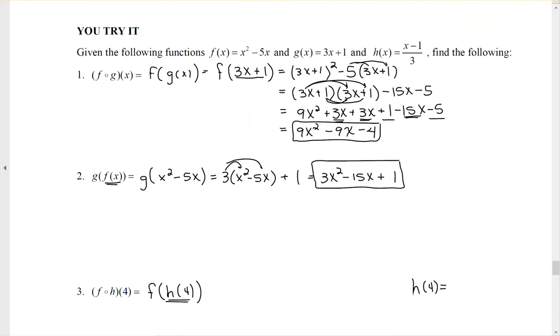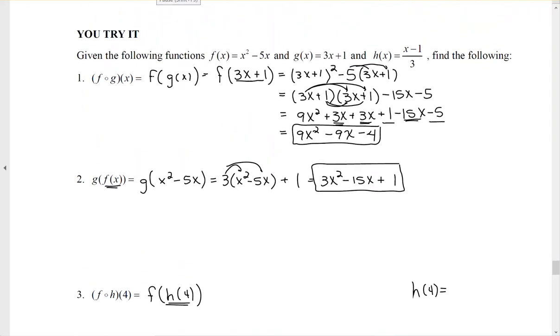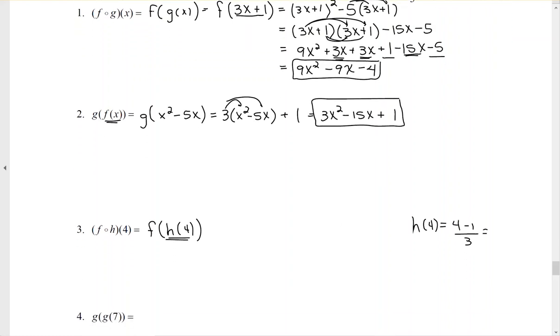If I slide back up here, h of x is x minus 1 over 3, so h of 4 means take out the x and put in the number 4 in its place. So 4 minus 1 over 3. So that gives me 3 over 3, or when x is 4, the output y is 1.